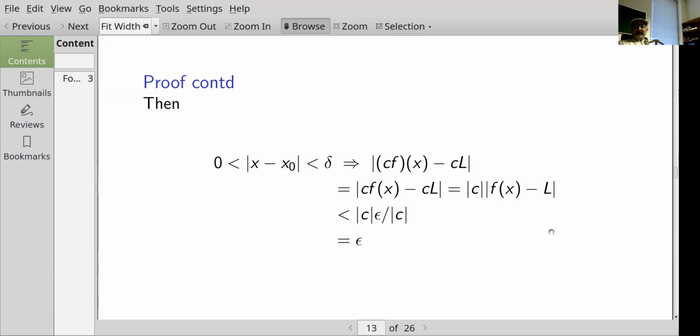And now I have the term absolute value of f of x minus L. But I know that when x is within delta of x naught, the absolute value of f of x minus L is less than epsilon over absolute value of c. So this thing here is less than absolute value of c times epsilon divided by the absolute value of c. So this is equal to epsilon. Okay.